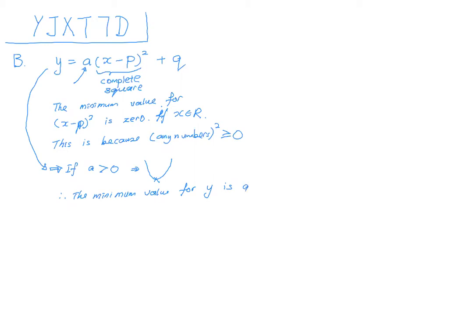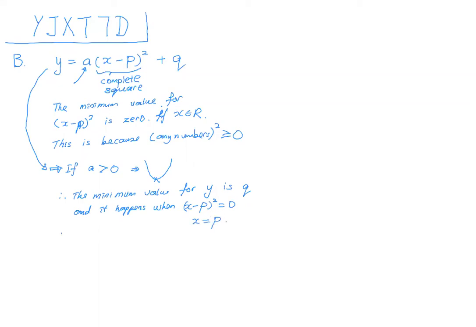q. And it happens when (x minus p) squared equals 0. Am I right? Yes. So that means my x is equal to p.